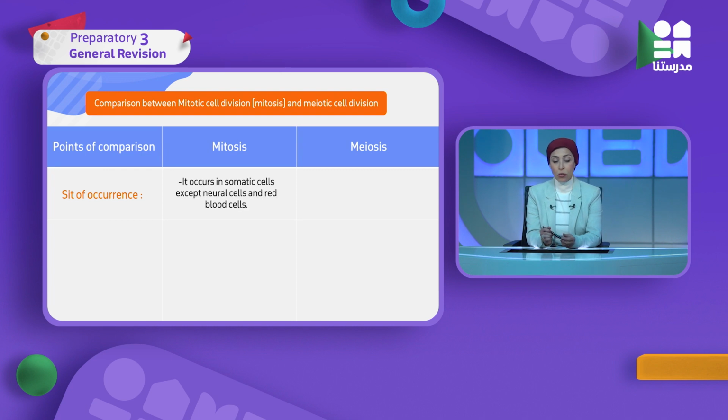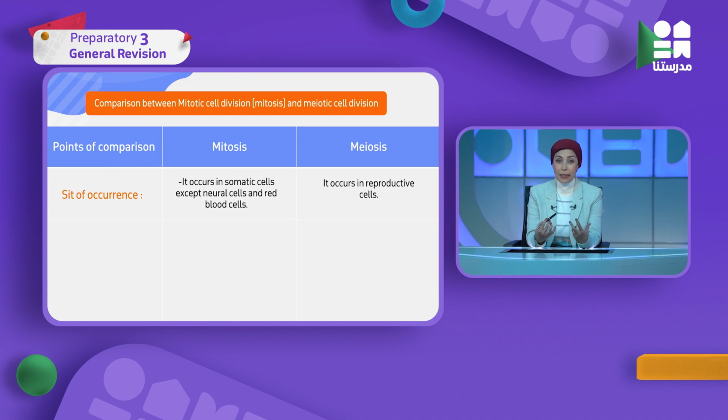Mitosis occurs in somatic cells except neural and blood cells. All your body cells have mitotic division except the neurons and the blood cells, while meiosis occurs only in the reproductive cells.